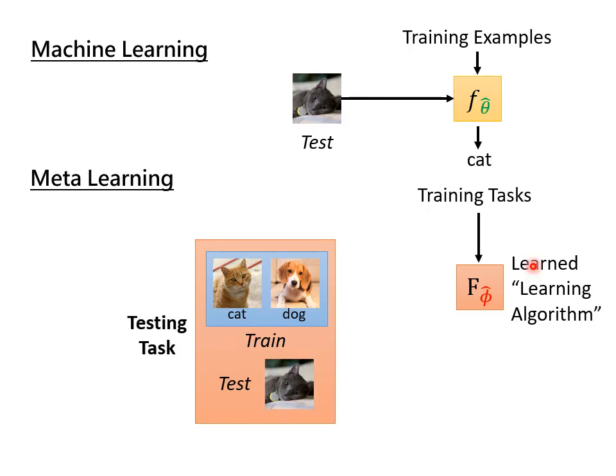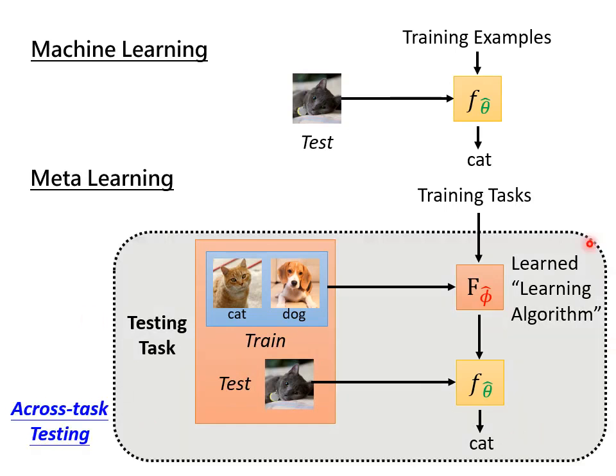This learned learning algorithm takes the training examples in the testing task as input and obtains a classifier. This classifier can be applied to the testing examples of the testing task and obtain the classification result for the testing task. This testing scenario in meta-learning is called across-task testing in this tutorial.